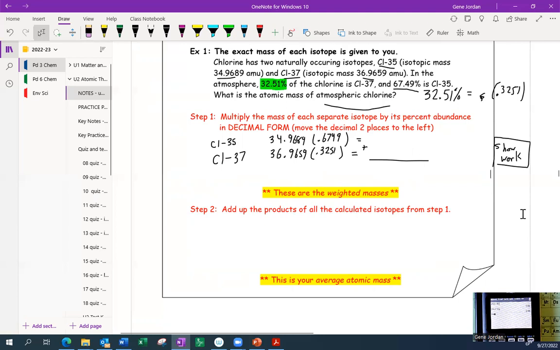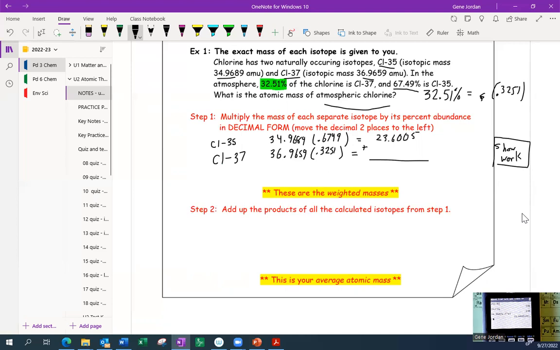Just going to take 34.9689 times 0.6719. That gives 23.5 and so on.